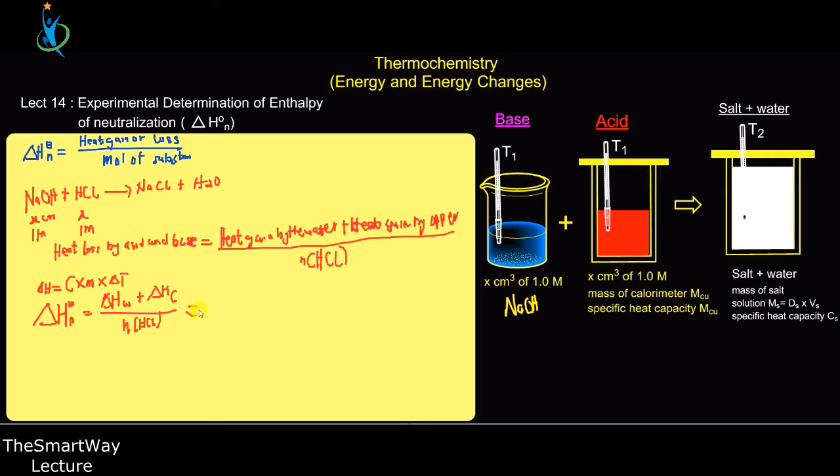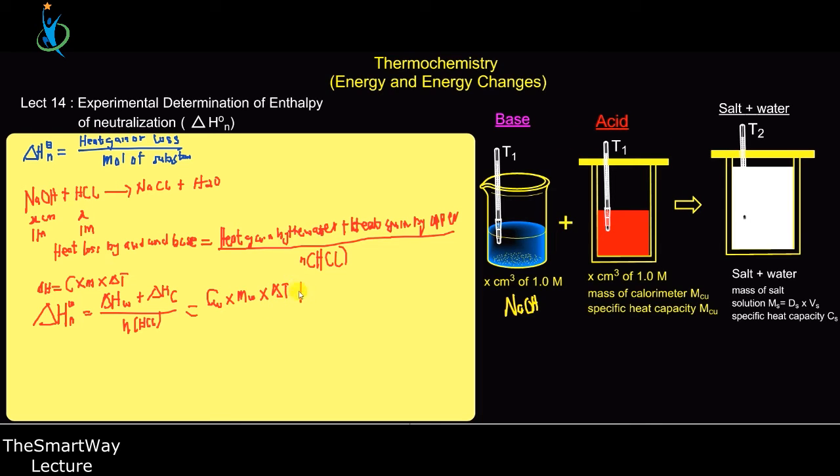Now, how do we determine the heat gained by the water? It's very simple. We know the mass of the water, we know the specific capacity of the water, so we multiply the specific capacity of the water times the mass of the water, times the change in temperature, that is T1 minus T2, or T2 minus T1.